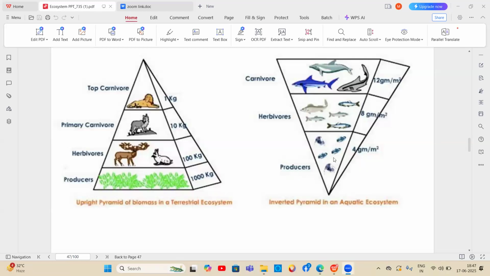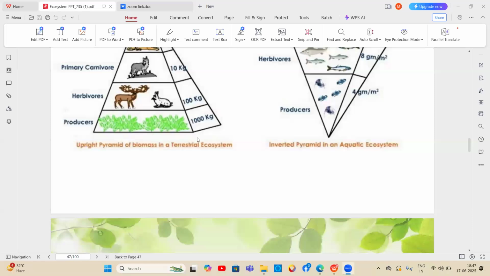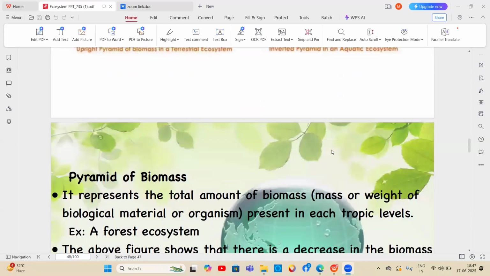Due to this, we can observe the inverted pyramid in the aquatic ecosystem. So these two are important points: the upright pyramid of biomass we can observe in the terrestrial ecosystem, and the inverted pyramid of biomass we can observe in the aquatic ecosystem.